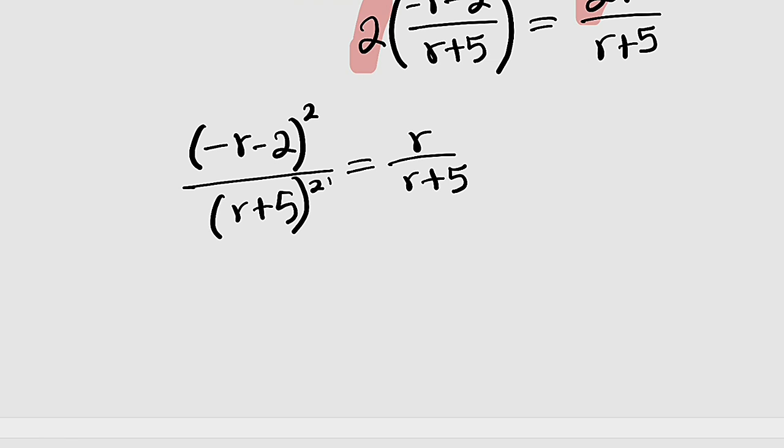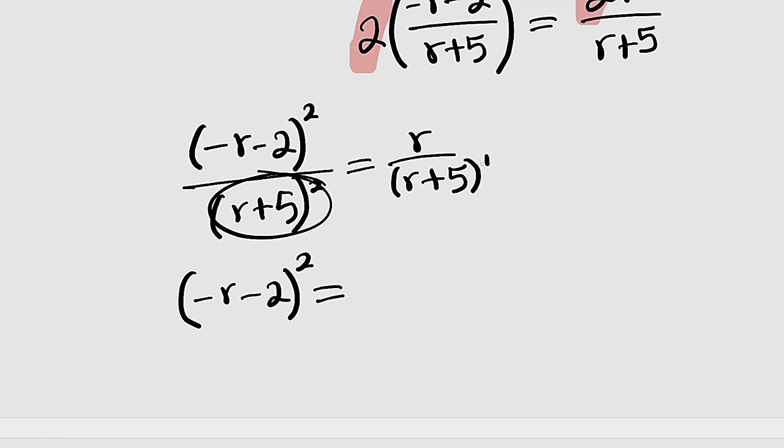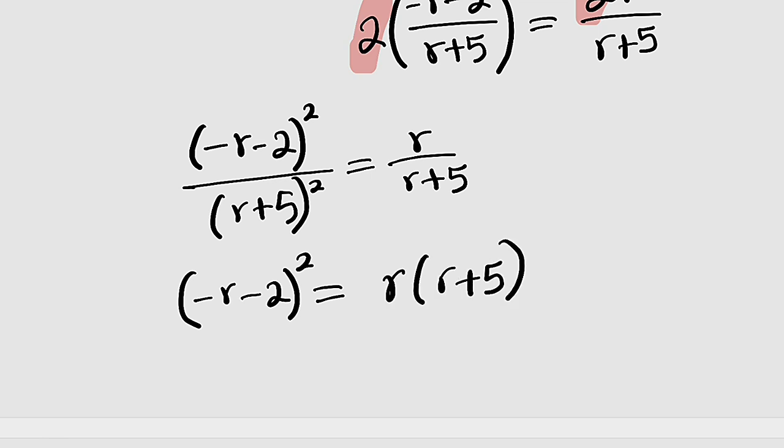If you multiply this denominator by the whole of this, it will go, leaving only (negative r minus 2) whole squared equal to, if you multiply this by this, the denominator has an exponent of 1, so it will cancel one of the exponents here. So this becomes only r times (r + 5). Now let us expand both sides.